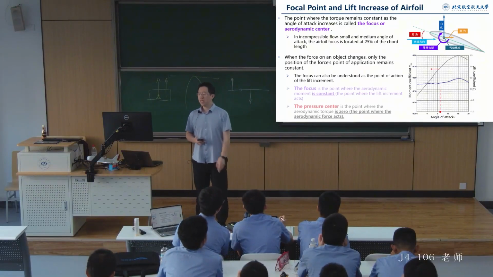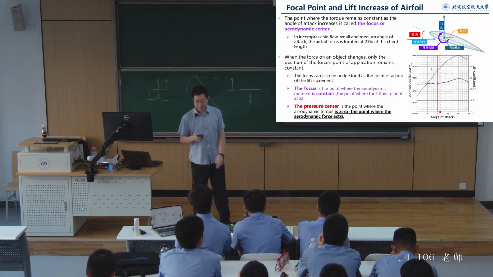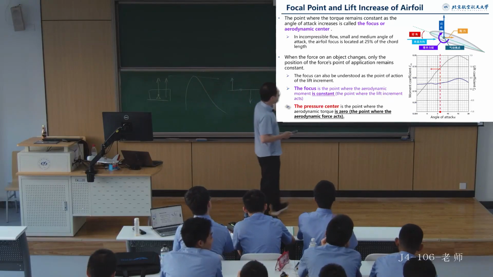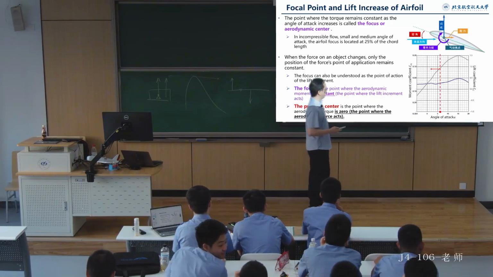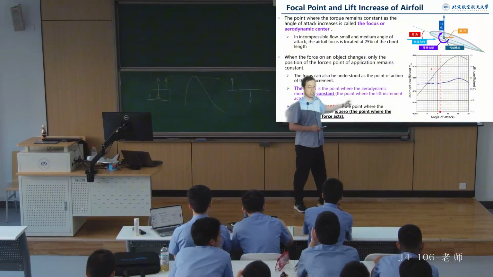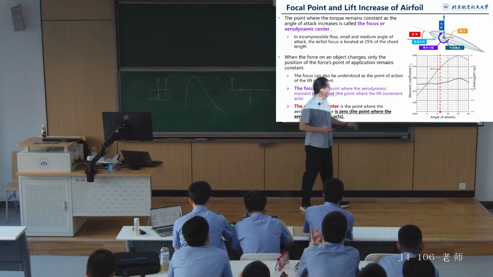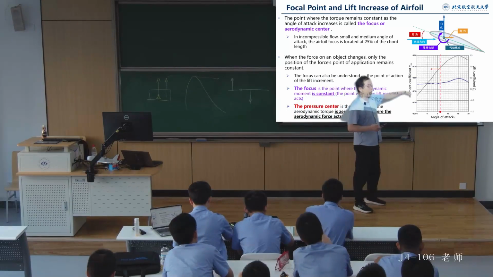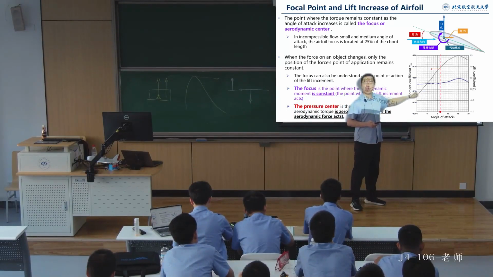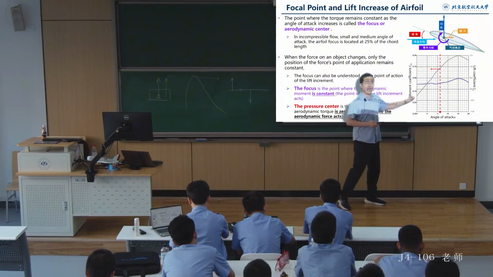What is the difference between these two points? The focal point is the point where the moment remains unchanged, right? Under normal conditions, it is the point at 25% of the chord length, so the moment is unchanged. But the moment is not necessarily zero, right? What does the center of pressure refer to?